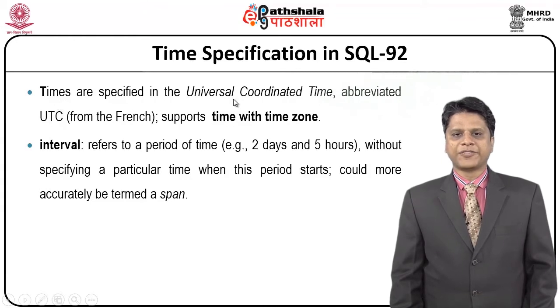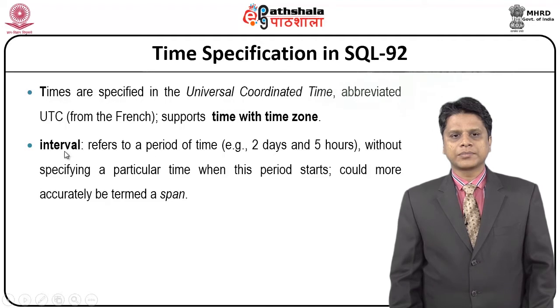Times are specified generally in universal coordinated time, which we call UTC, which supports time with time zone, specific to a time zone. If you look at intervals, an interval refers to a period of time. For example, a transaction which has happened for about 2 days and 5 hours becomes a period of time without specifying a particular time.